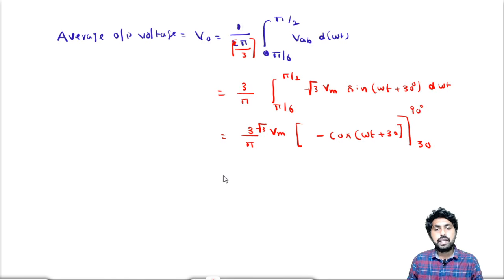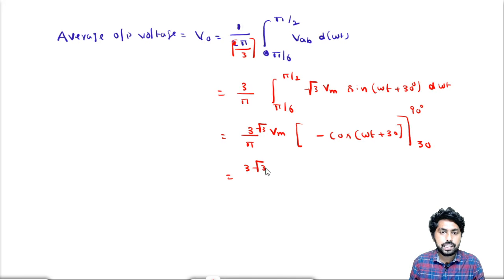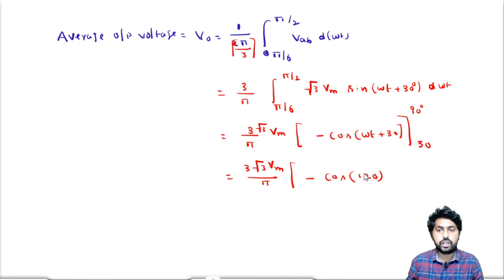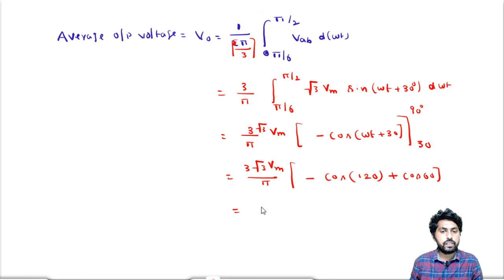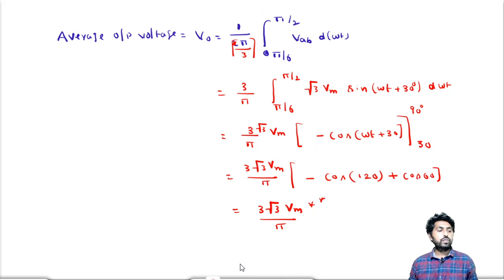Applying the limits, it is 3 root 3 Vm by pi into minus cos 120 plus cos 60. Cos 120 is minus 1 by 2, plus cos 60 degrees is 1 by 2, so 1 by 2 plus 1 by 2. The output voltage for the uncontrolled rectifier is 3 root 3 Vm by pi.